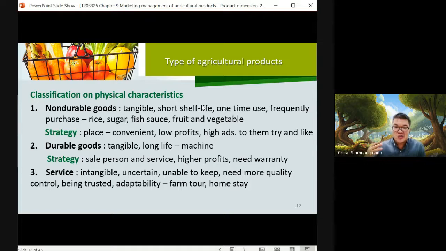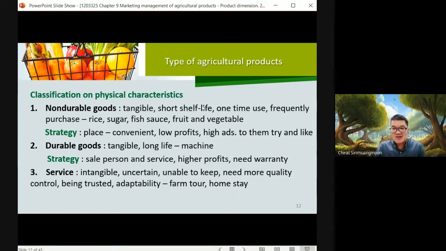Sometimes you need to buy it very often, for example, rice, sugar, fish sauce, fruit, and vegetables. So non-durable, again, does not last for long. It just has a short shelf life. So the strategy that we can apply for non-durable is that you can make it convenient. So you need to spread it through the market and make it easy to buy, easy to purchase.